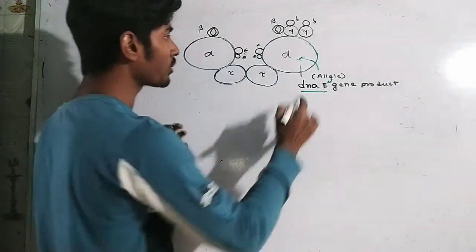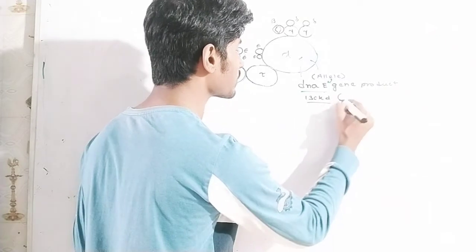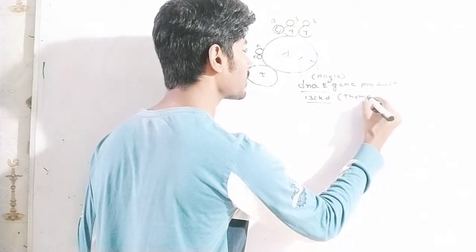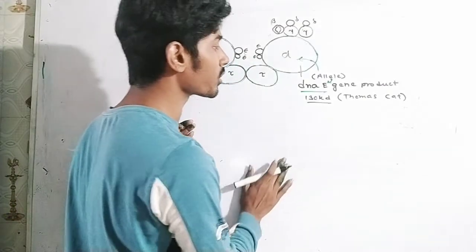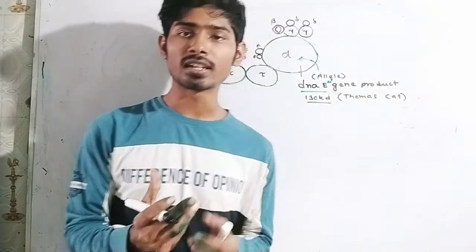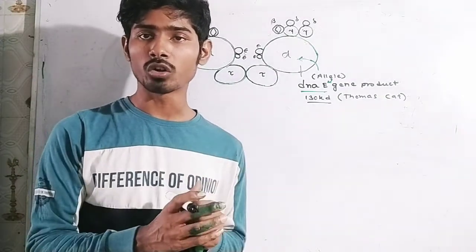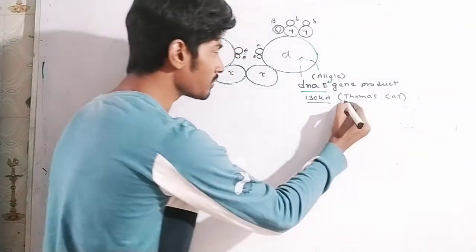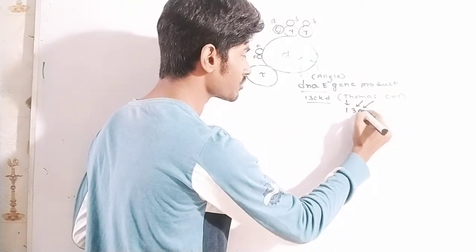The molecular weight of the subunit is 130 kilodalton, and you can easily remember this by the word Thomas scale. I am using the mnemonic methods. If you don't know about mnemonic methods, you can search the internet and you will get plenty of videos about mnemonic methods. In mnemonic methods, T means 1, M means 3 and S means 0.